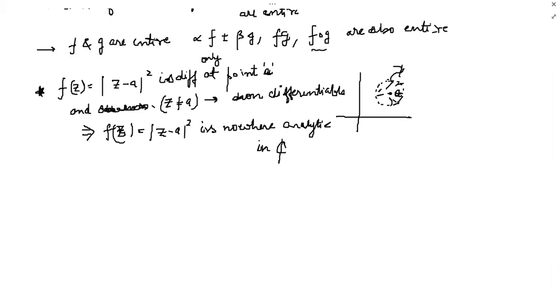If you want to construct a neighborhood of A, you ought to have points other than A. However small a neighborhood you try to make around A, it is never going to be differentiable. So analyticity cannot hold for points other than A; it is non-analytic for all the points except A. Now, can you make a neighborhood around A where the function is analytic? The answer is no. So f(z) is equal to mod z minus a whole square is nowhere analytic in C.